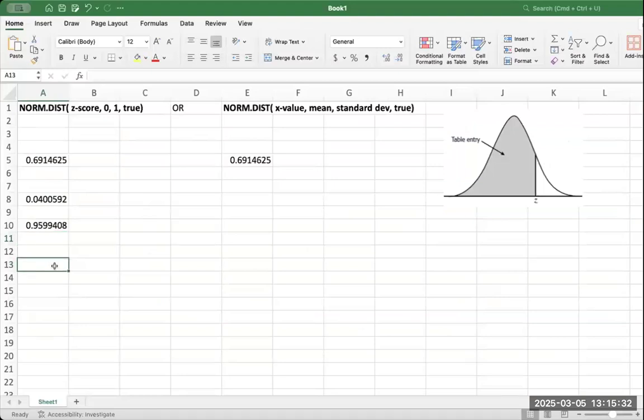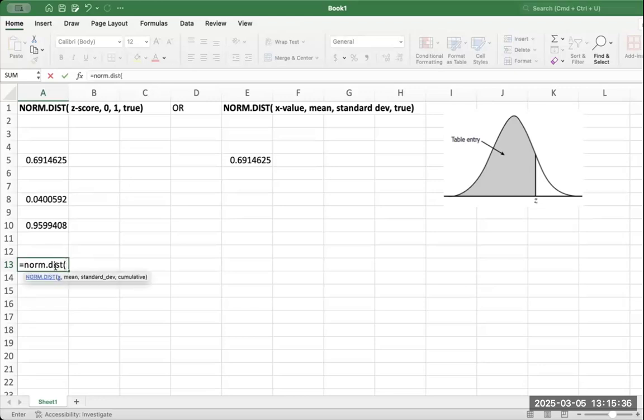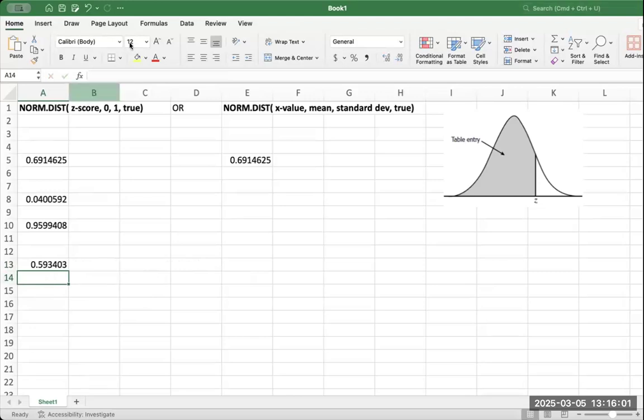Okay, down here, I'm going to hit equals norm.dist, and I'm going to put 1.1, comma 0, comma 1, comma true. I'm going to end my parentheses, and I'm going to minus norm.dist, and the other one was negative 0.61, 0, comma 1, comma true, and I get about 59% or 0.59.